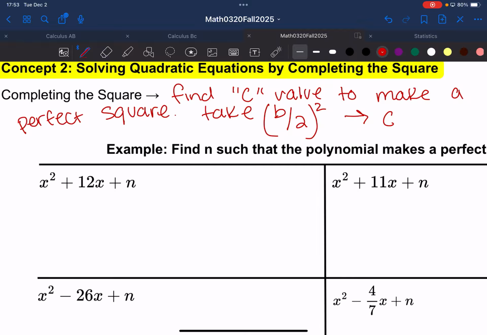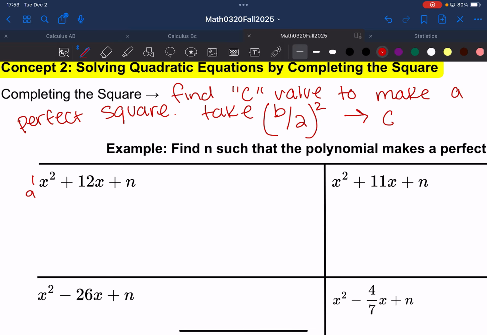Well, we know that this is A, this is B, and this missing value here is C. In order to find that missing value, we're going to take B, so in this case is 12, and I'm going to do 12 divided by 2, and then whatever that value is, I'm going to square it. So 12 divided by 2 is 6, and 6 squared is 36, which means n is equal to 36.